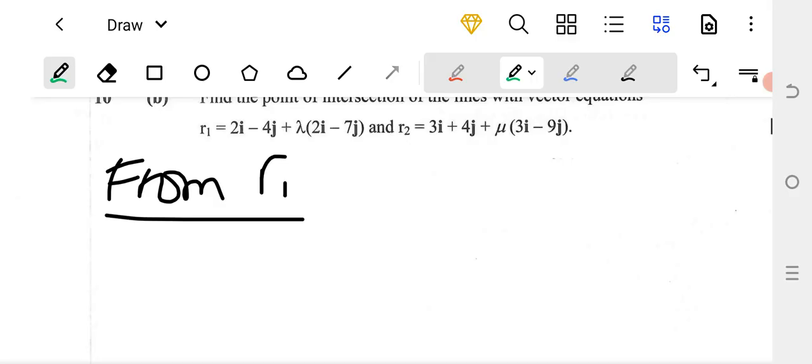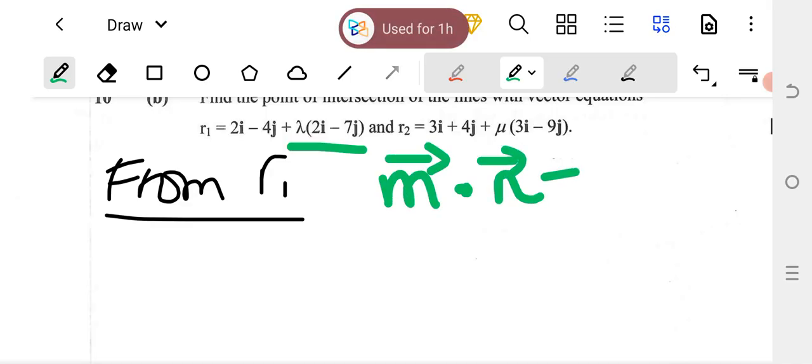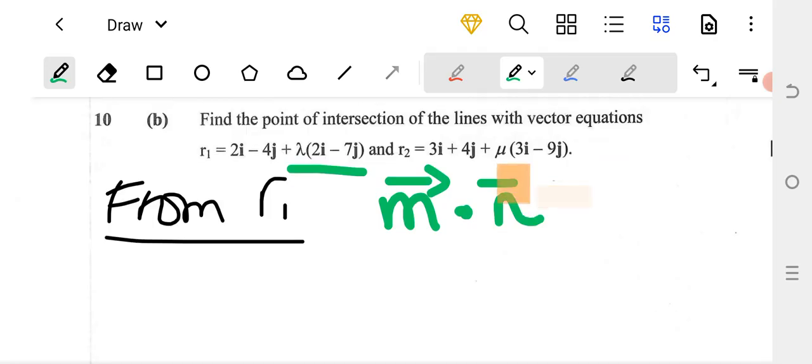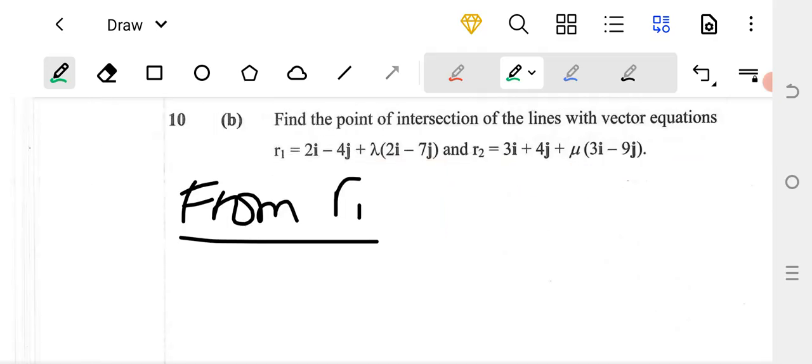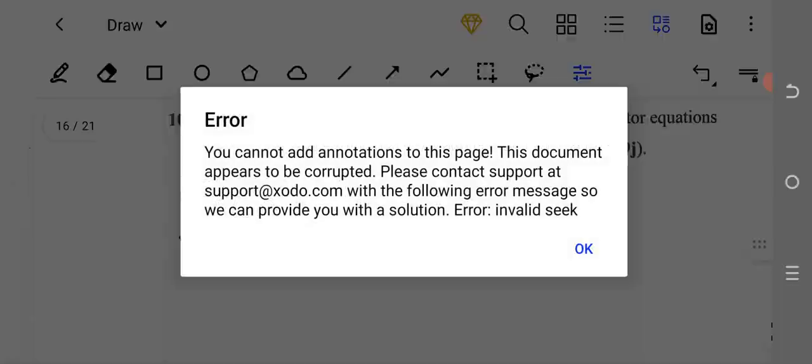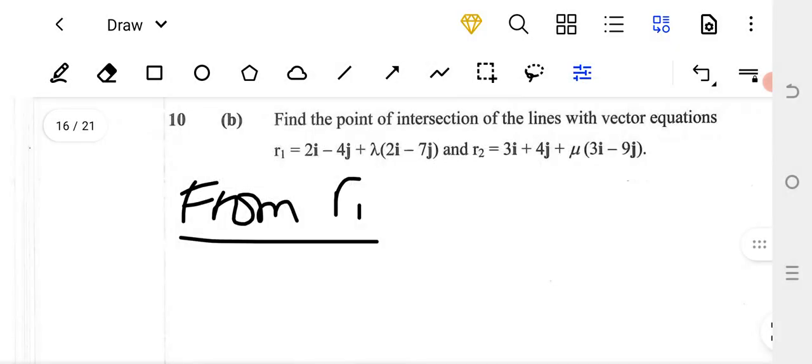So this is the direction vector m. Now direction vector m multiplied by the normal vector n should give you 0. So anything when you multiply and they give you 0, just know that they are opposite of each other. Okay, I'll explain what I mean. Obviously what I've said does not make sense to some people.